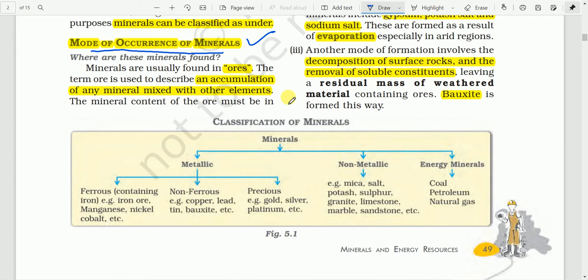So let us read. The term ore is used to describe an accumulation of any mineral mixed with other elements. So ore is used to describe an accumulation of any mineral, means collection of any mineral mixed with other elements.